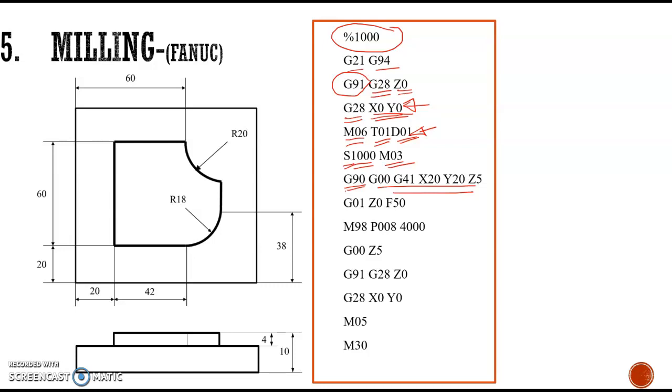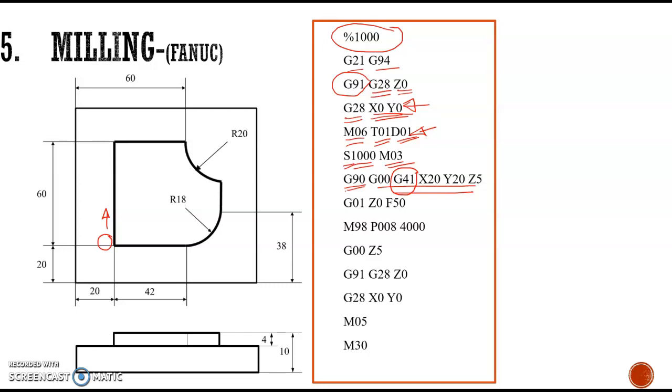Then G00 is given. Then G41 is used for giving the cutter radius compensation to the left, because we wanted to move the tool along this side in this direction. So the tool is on the left side of the workpiece.